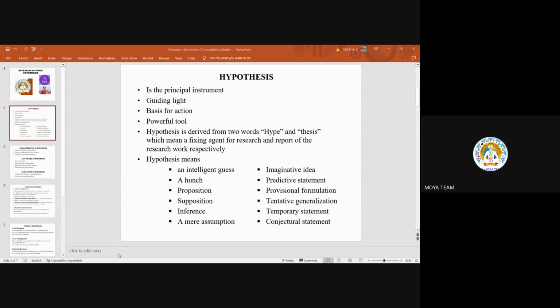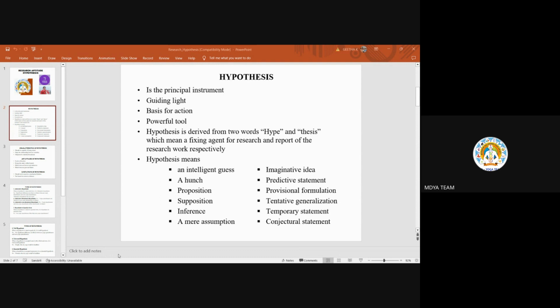So hypothesis is derived from two words, hypo and thesis, which means fixing an agenda for the research and report of the research work respectively. In other words, a hypothesis is nothing but an intelligent guess. A hunch, a proposition, these are all decorative words for hypothesis. The exact meaning is nothing but an intelligent guess.